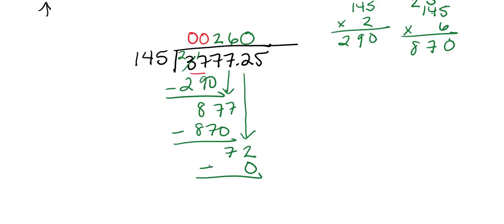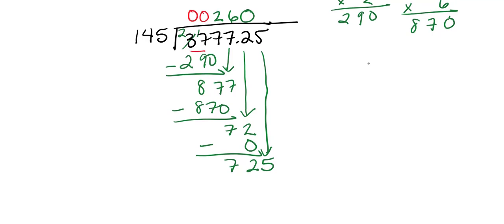Now we can subtract. 2 minus 0 is 2, and the 7 is just brought down. So now we bring down this 5. Now, 725. So let's go 145 times 5, because it's less than 870. 5 times 5 is 25.